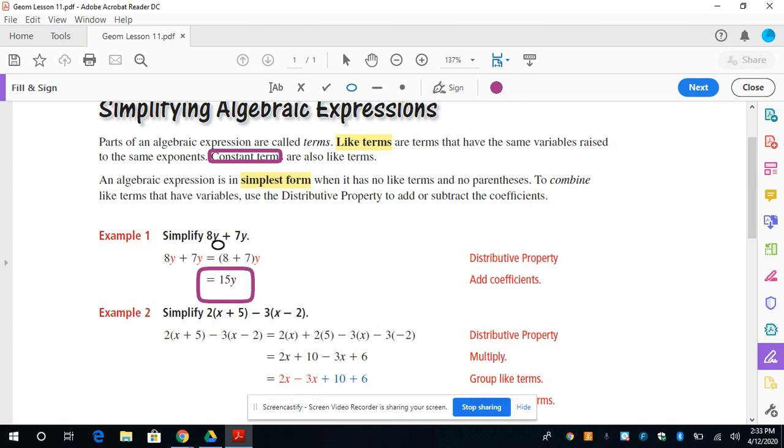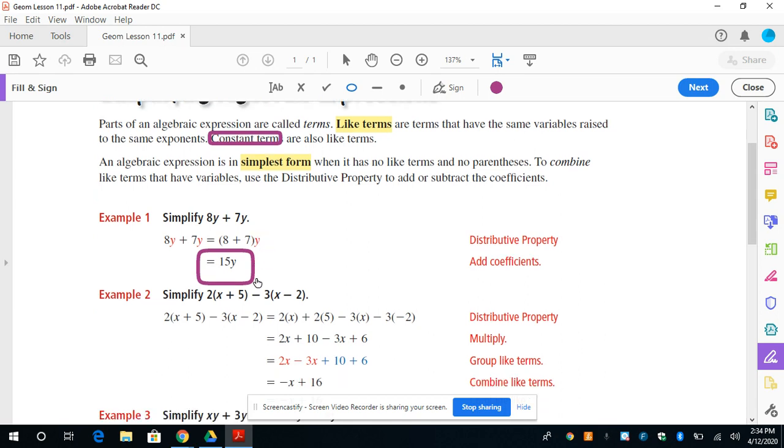So altogether there's 15y's. All you do is add the two coefficients, the numbers in front, the 8 and the 7, which are called coefficients, as they say over here as well. And then you put the y at the bottom. You don't have to show this parentheses work. It's just telling you that you add the two numbers in front and then you attach the y to it.